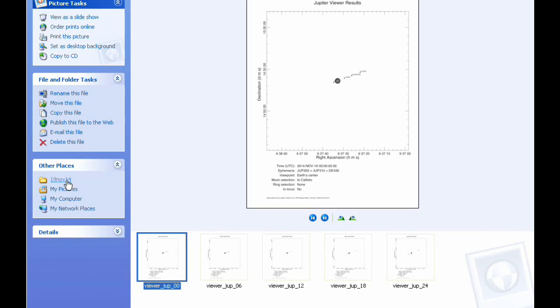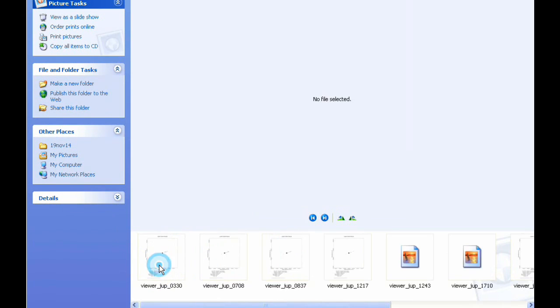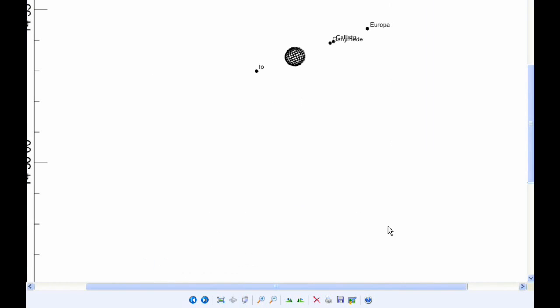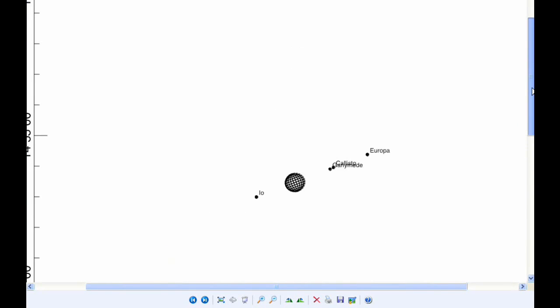Jupiter satellite events. At 3:30 UTC, Ganymede disappears behind the shadow of Jupiter.